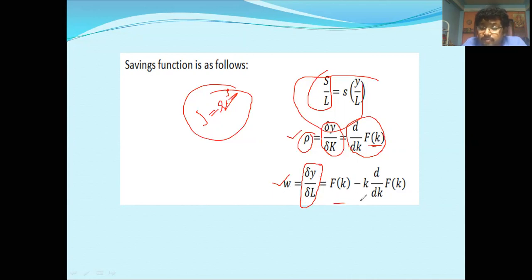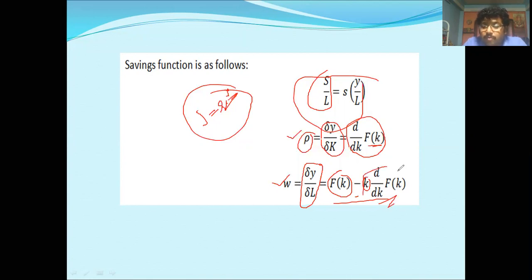It is the difference between the output per head and the capital per head multiplied by the real rate of interest. It is the profit.